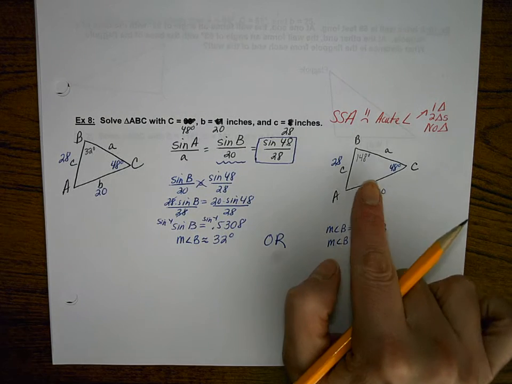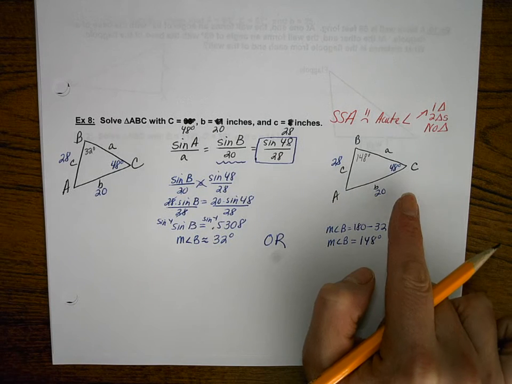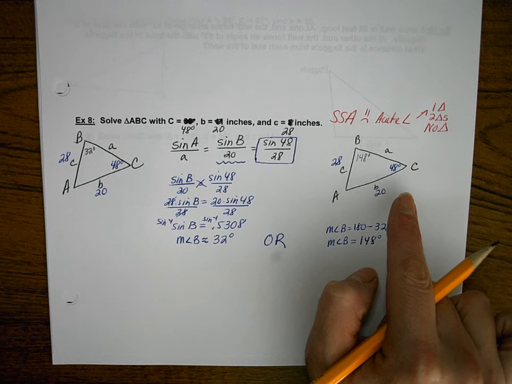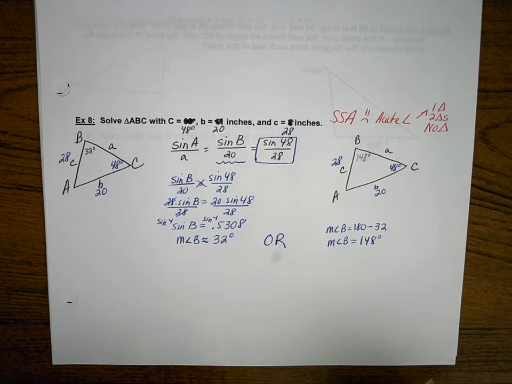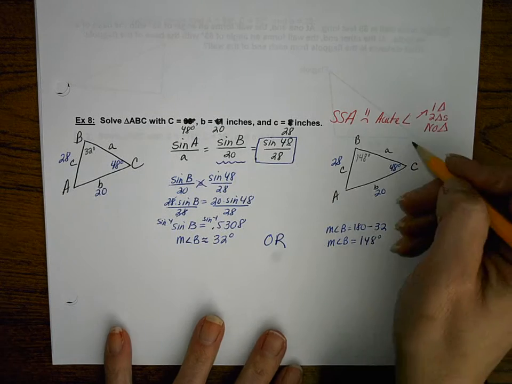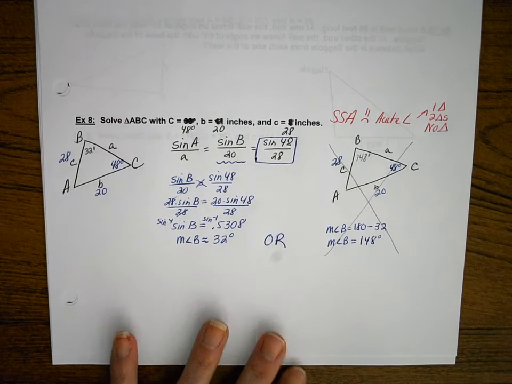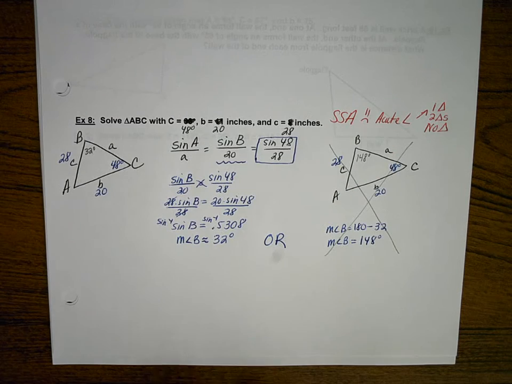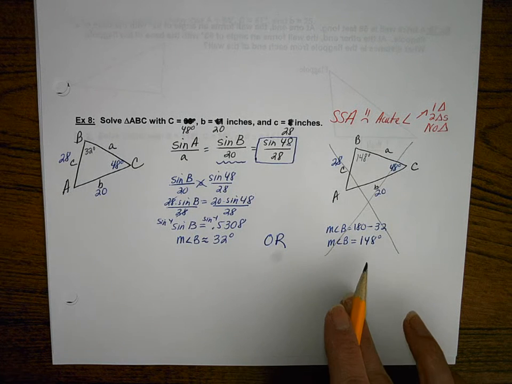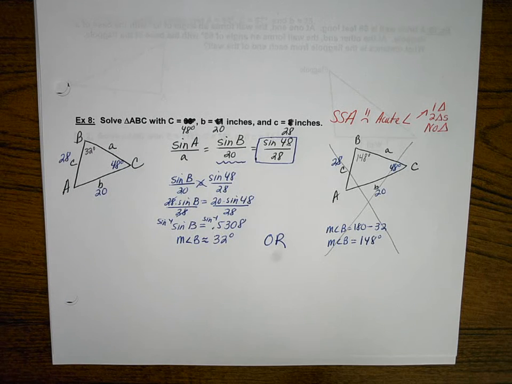Can I have a triangle that has an angle of 148 and another angle of 48? No. So can I have two triangles? No. I'm going to throw that one away. I tried to make my second triangle, and I couldn't, because an angle of 148 doesn't work as a second triangle.